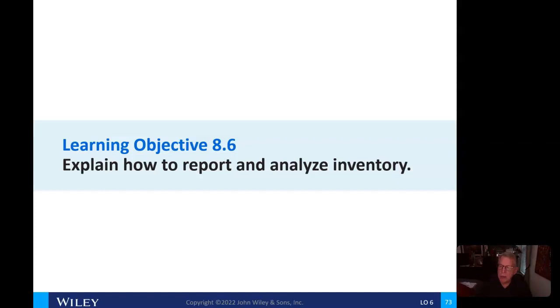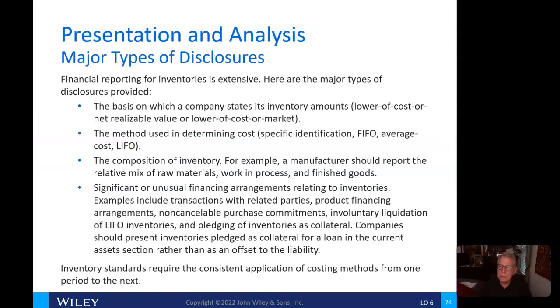Okay, we're going to explain how to report and analyze inventory. We have major types of disclosures indicated here. Financial reporting for inventories is extensive, and here are some major types of disclosures. The first one, the basis on which the company states its inventories amounts, lower of cost or net realizable value, or lower of cost or market.